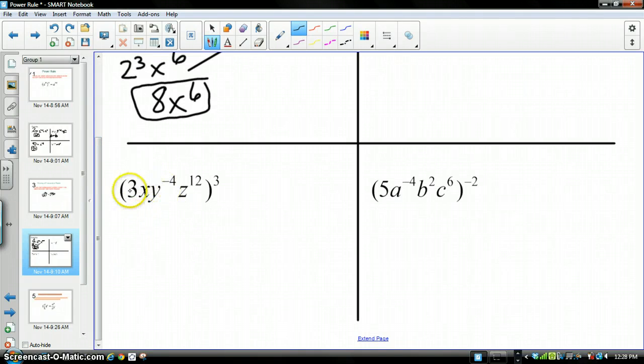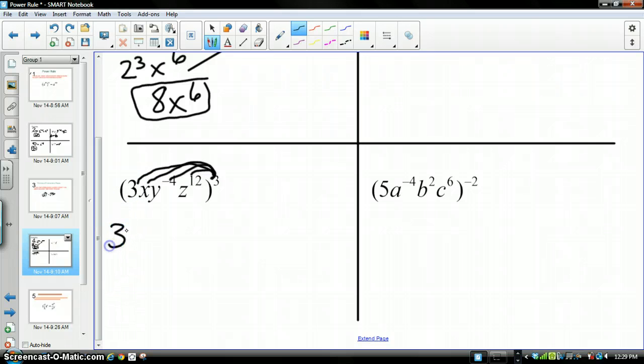Now down here we have four terms. We have 3, x, y, and z. So the 3 needs to be distributed into each of these terms. Remember, this here becomes 3 to the third, not 3 times 3.